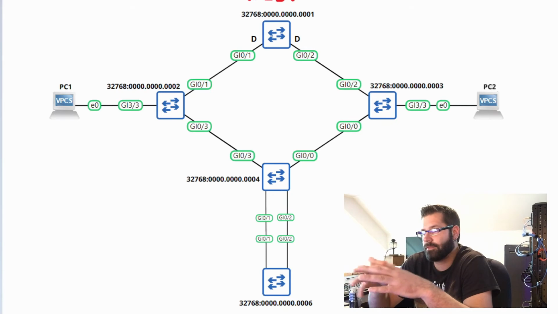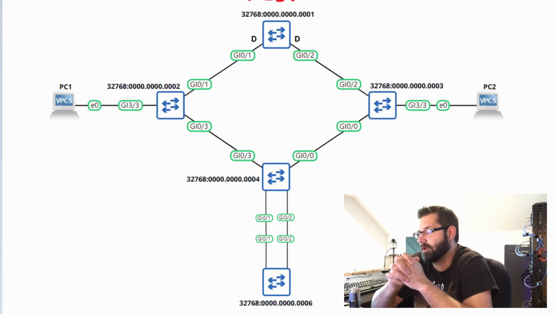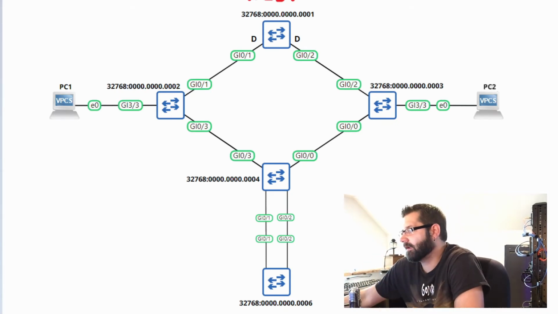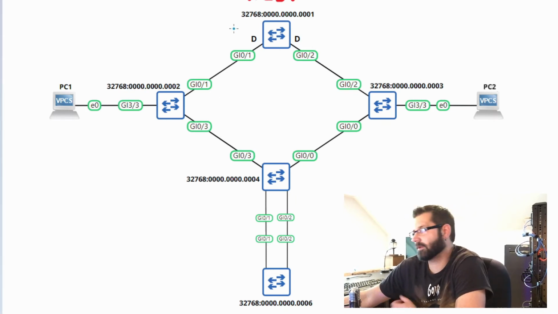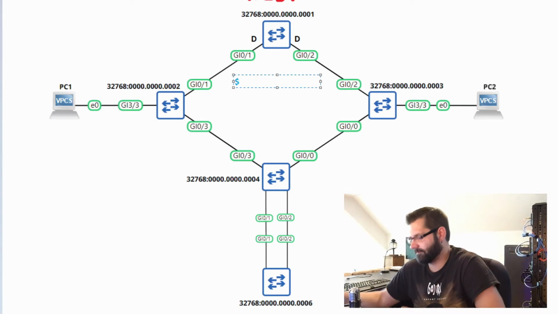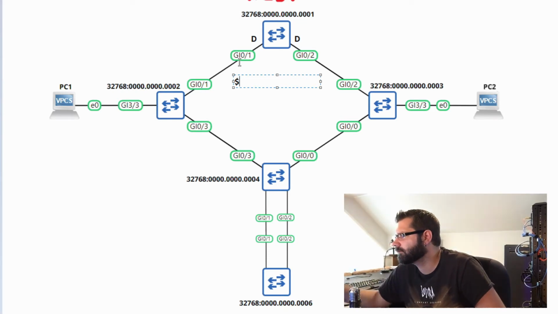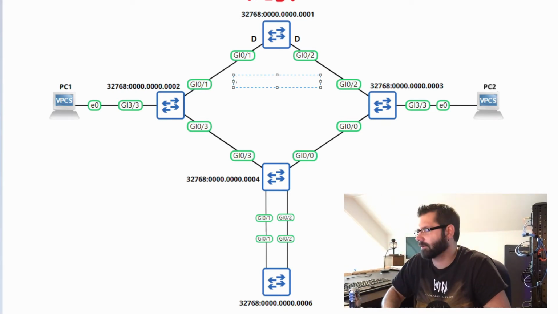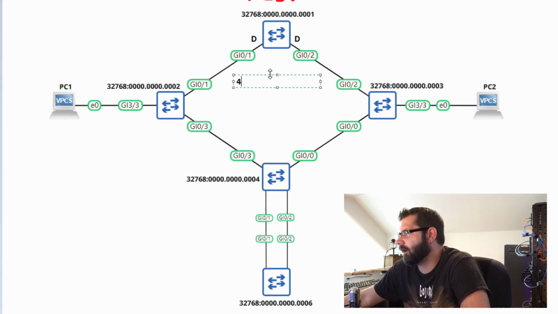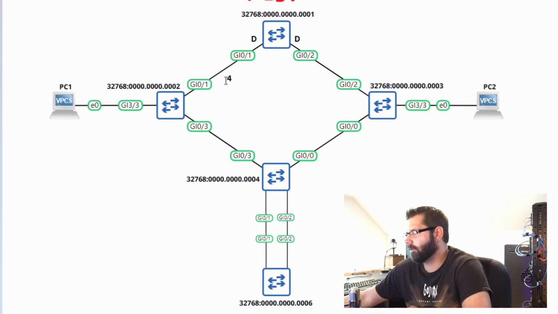And yes, bandwidth definitely plays a role in this. Again, I said I'm going to keep this basic, so I'm going to keep it basic. These are gigabit links. I believe the cost is for... Okay, so the cost on all of these links will be 4.